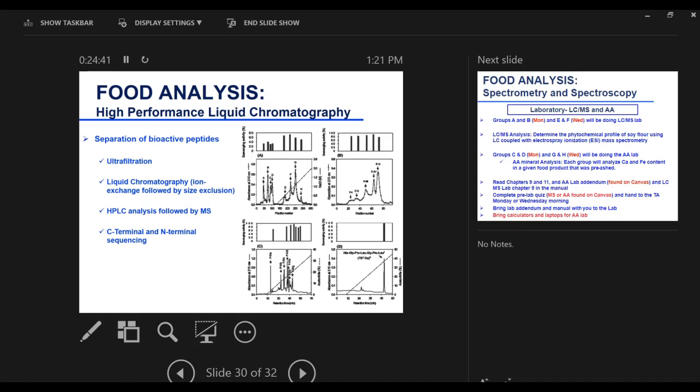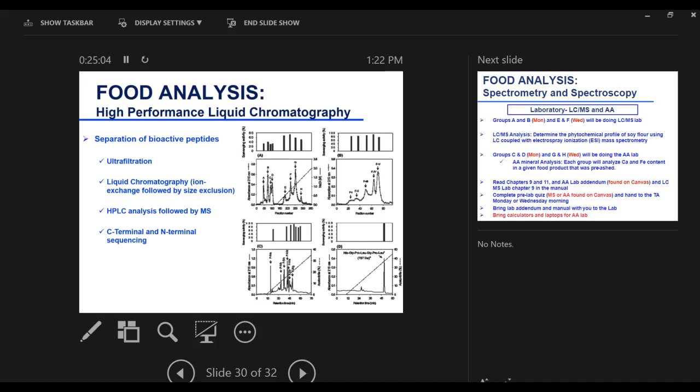In order to do that, you want it to be in its highest purity so that you can actually sequence it and identify it and then say, okay, I'm going to make a supplement out of this singular peptide. So what you start off with simply is when you produce a hydrolysate, you have different sizes, and you know that your peptide is going to be small.